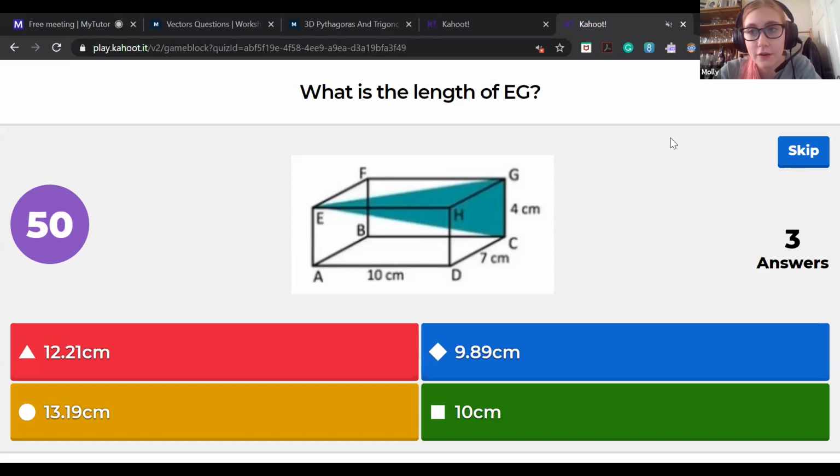In fact, maybe a minute isn't long enough, but give it a go. Okay, I think almost everybody has got that in.